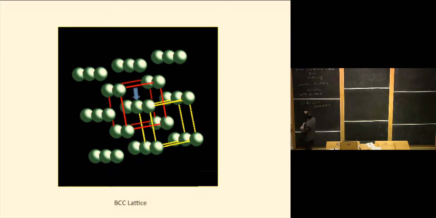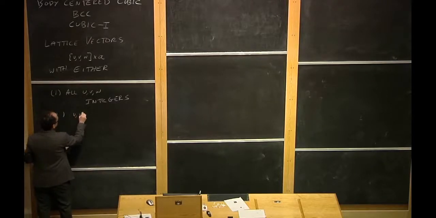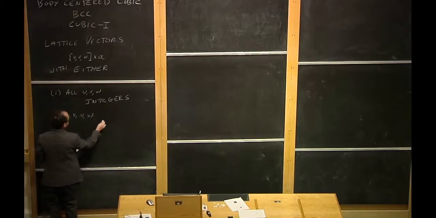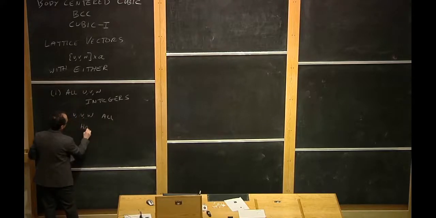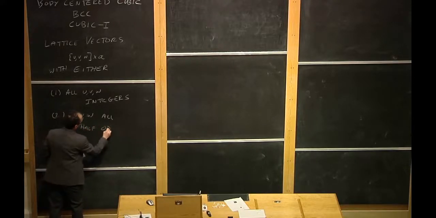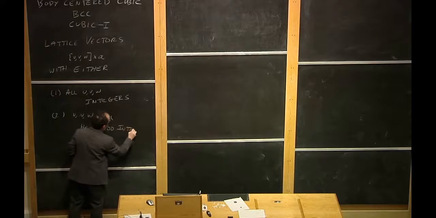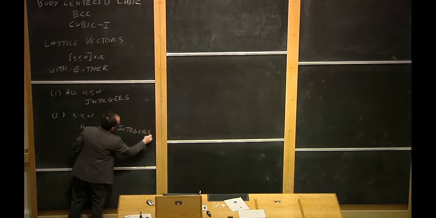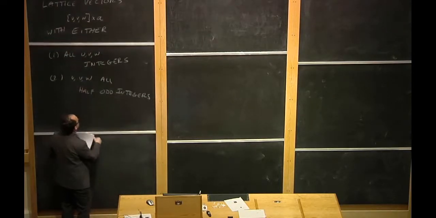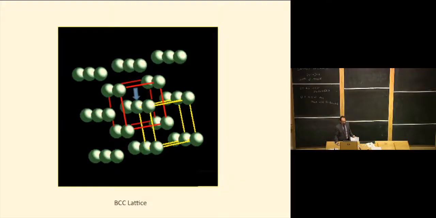The other possibility is u, v, and w all half-odd integers, and by half-odd I mean 1/2, 3/2, 5/2, and so forth. And that corresponds to the lattice points in the center of the cube. For example, this point here would have coordinates 1/2, 1/2, 1/2. This one would be 1/2, 3/2, 1/2, and so forth and so on.